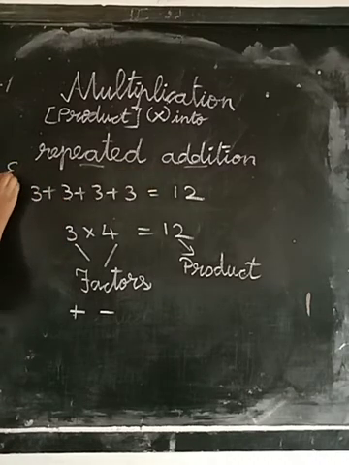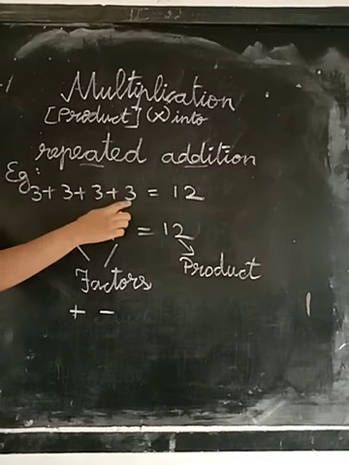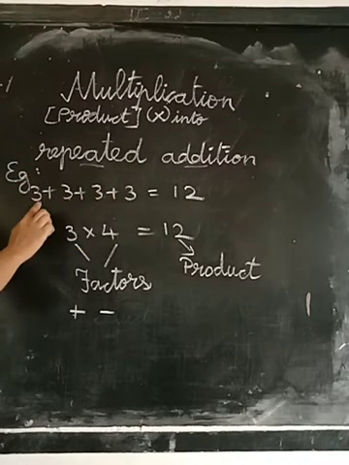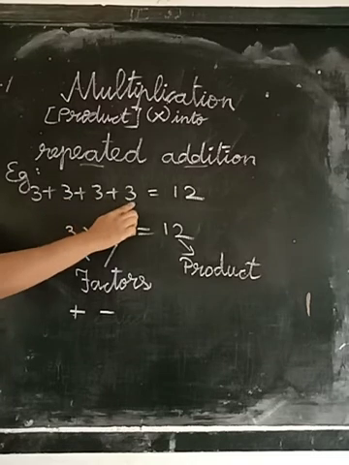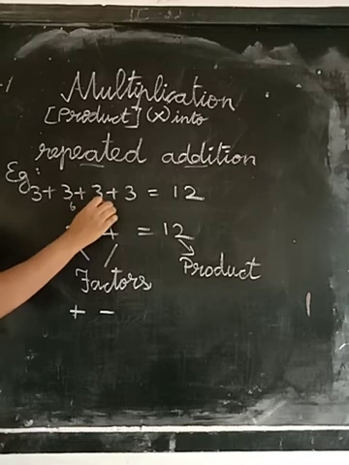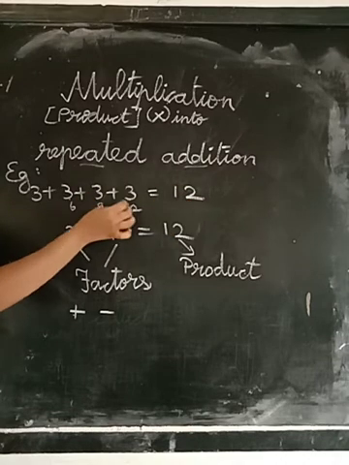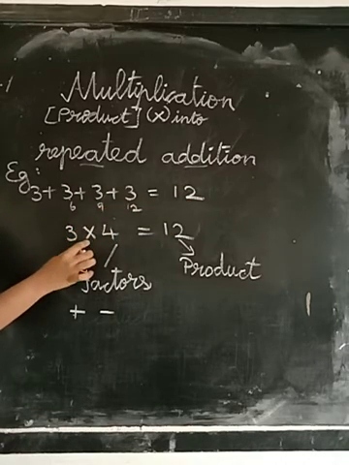For example, see here, if we have the number 3, how many times is 3 there? 4 times. When you add these numbers, you get 3 plus 3 is 6, 6 plus 3 is 9, 9 plus 3 is 12. So the answer is 12. The same thing can be written using the multiplication symbol.